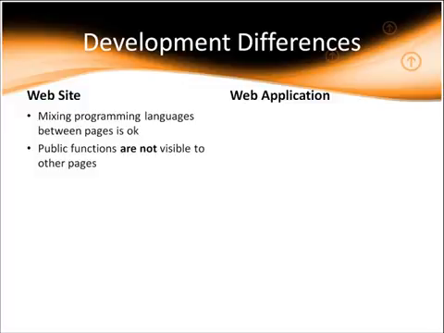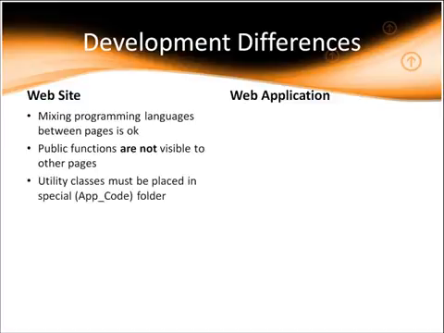That's pretty important to note, since in web applications they are. Utility classes, such as other external functions that you want to have available to your entire application, you can't put just anywhere in your folder, but they have to be put in a special ASP.NET website folder. It's called the App_Code folder.